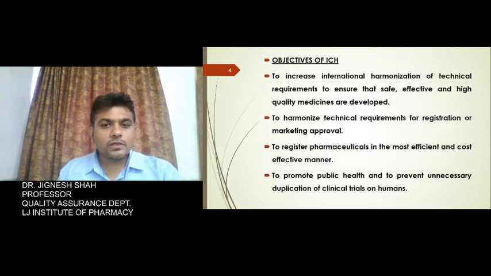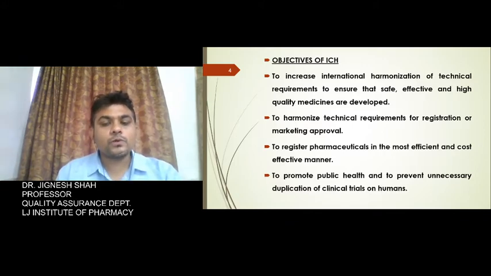Now we will move to the next part of ICH guidelines, that is the objectives of ICH guidelines. The major objective is to increase international harmonization of technical requirements. The members of the ICH committee always focus on harmonization of the technical requirements throughout the world, so that the technical requirements remain the same for assessment of safety, efficacy, as well as quality of the drugs.